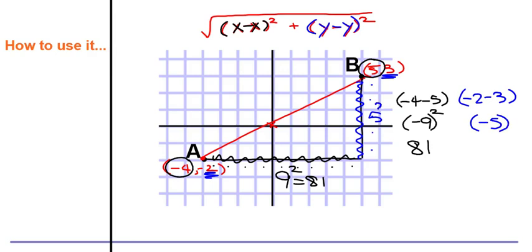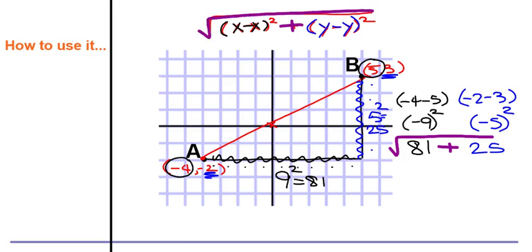And again, when I square those numbers, it doesn't matter if it's negative or positive, I get 25. The last step with my distance formula is to add those 2 numbers in the middle and then to take the square root of that.